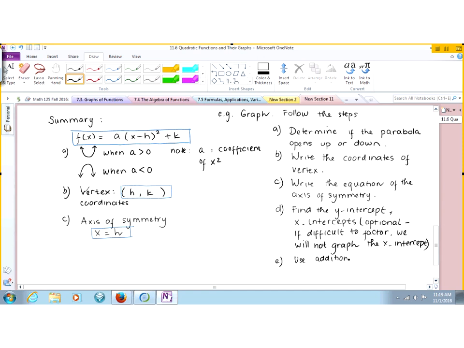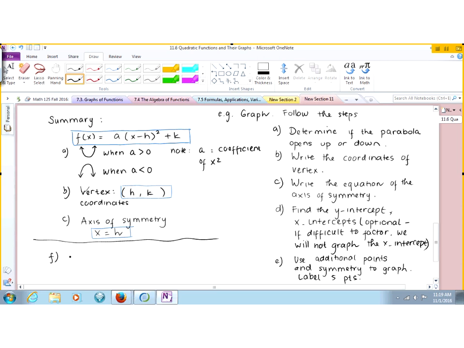Yeah. So E, use additional points and symmetry to graph. And I usually like you to label 5 points. Label how many? 5. And I asked you, what is the maximum or minimum?